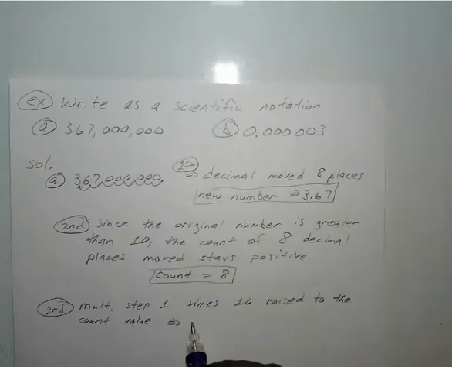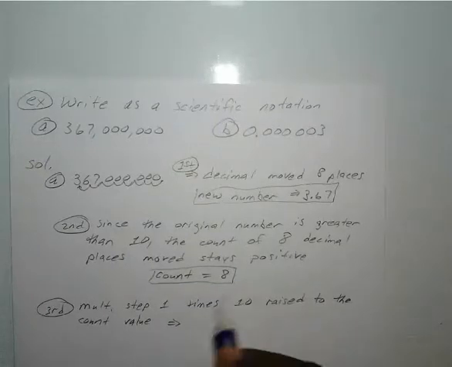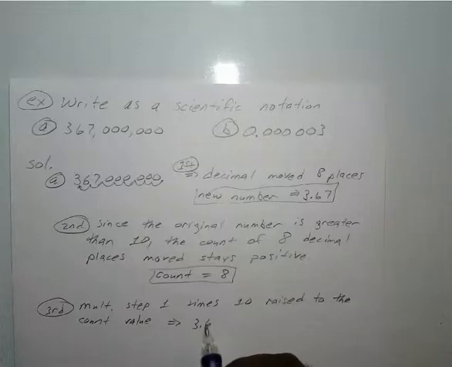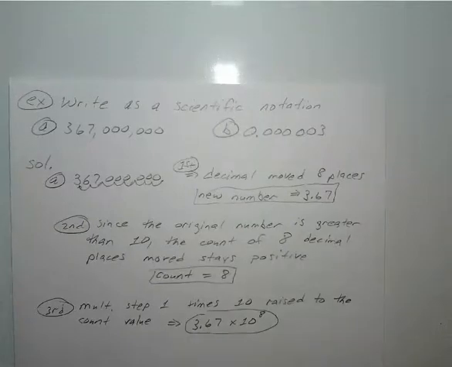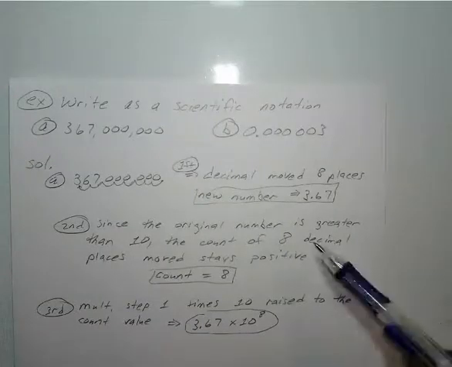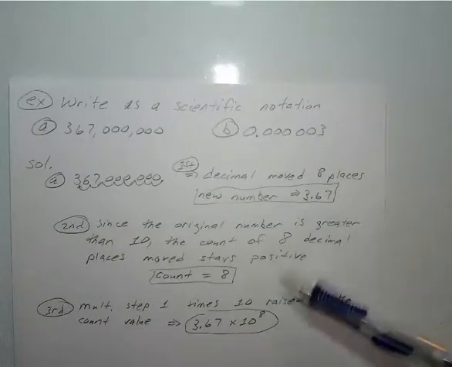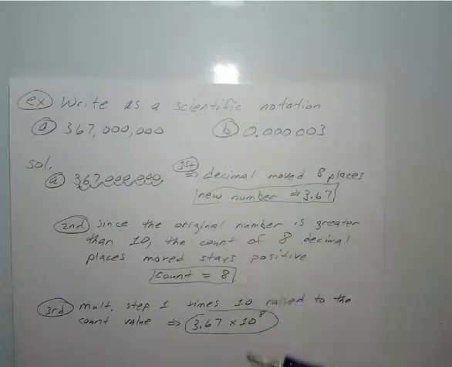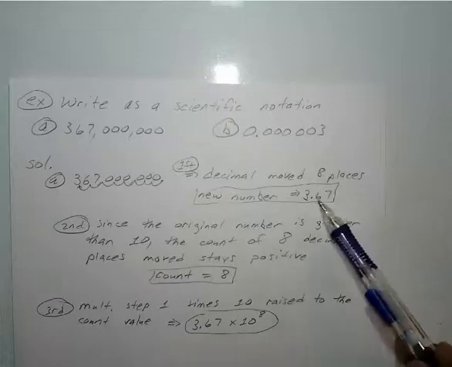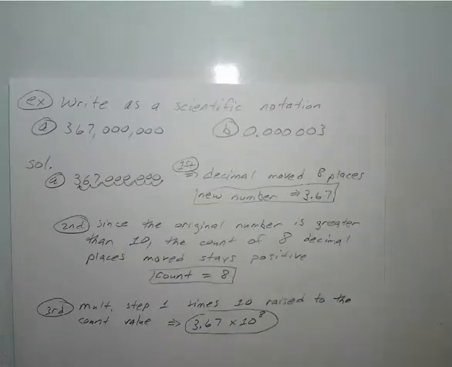So basically your scientific notation becomes 3.67 times 10 to the 8th power. That is your scientific notation. Really all of this writing isn't necessary, I'm just doing it for educational purposes. You'd write your new number, your count, combine them: 3.67 times 10 to the 8th power. And this is your answer.